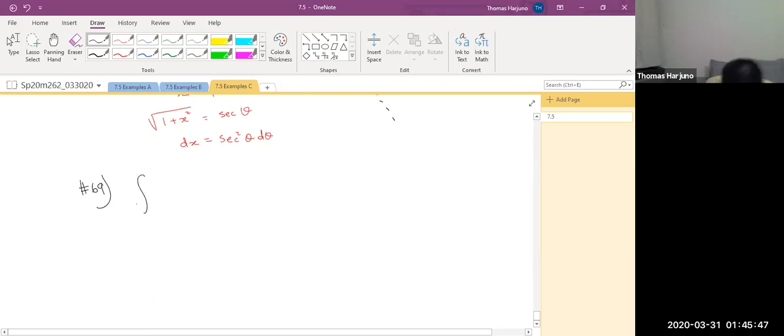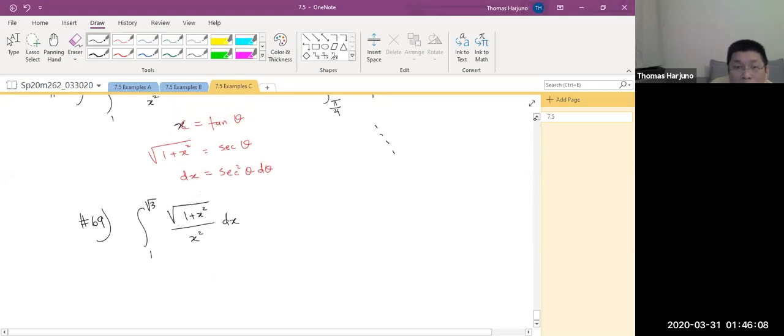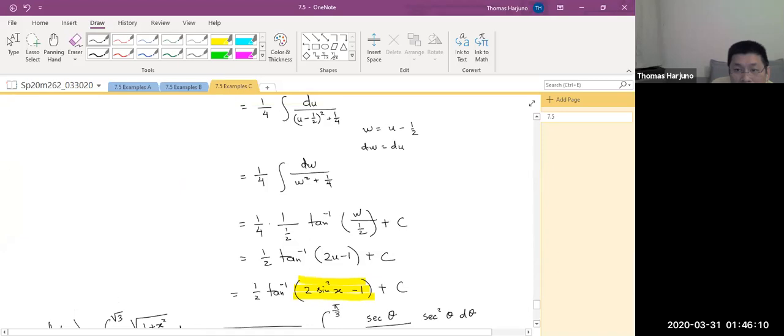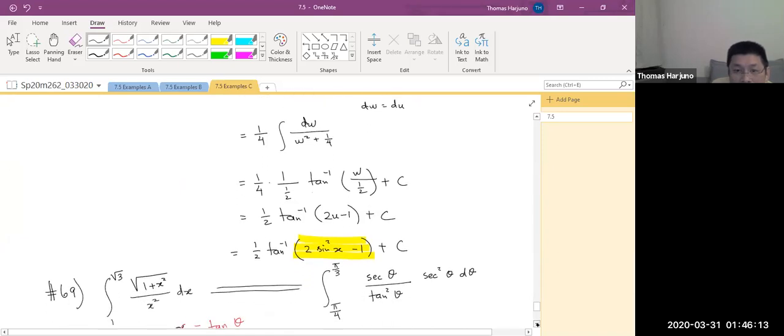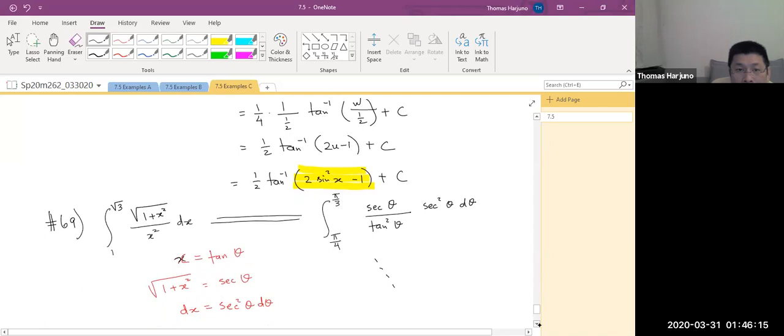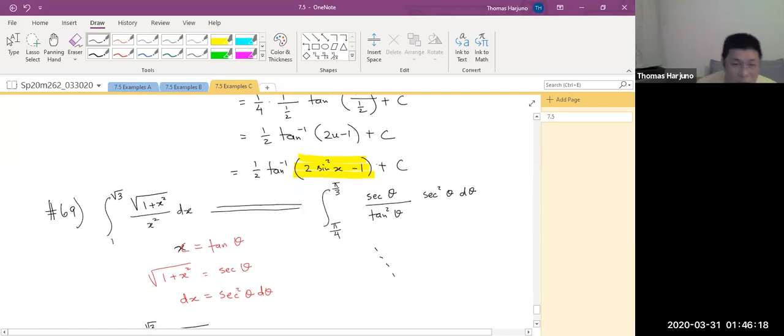Integral from 1 to radical 3 of square root of 1 plus x squared over x squared dx. Now, I'm not saying that our approach above is wrong. We basically just get stuck. That's what I want to say. Yeah, I get stuck here. Changing it into sine cosine doesn't help, apparently.